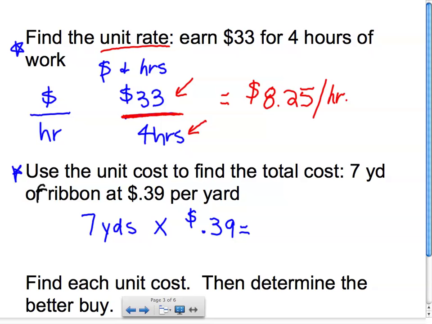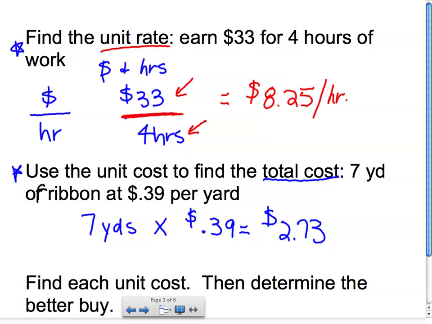If I multiply 7 times 0.39, I come up with the answer, $2.73 for my total cost on the ribbon.